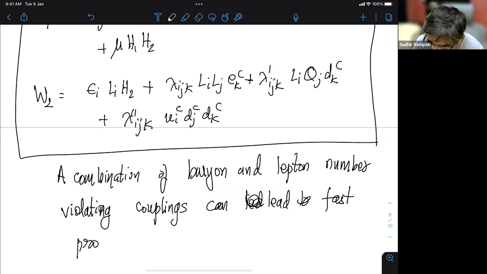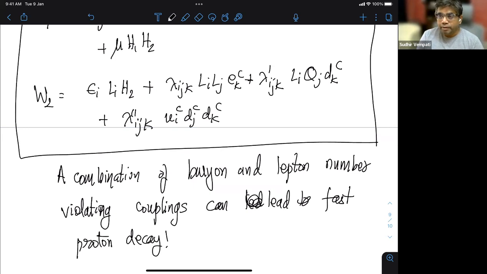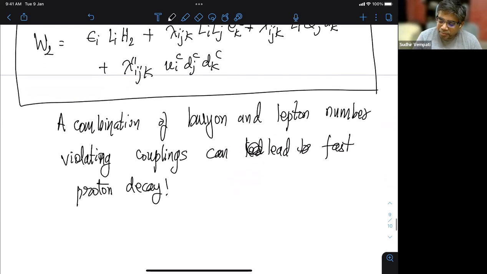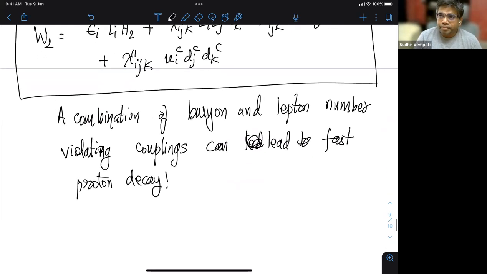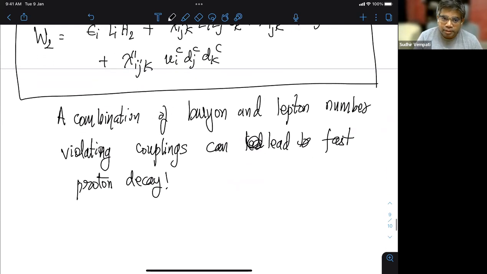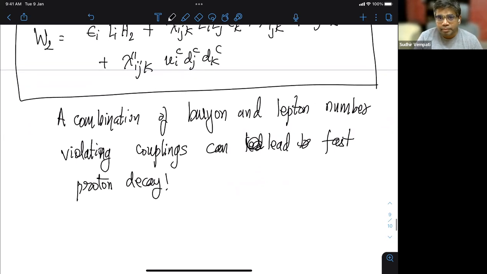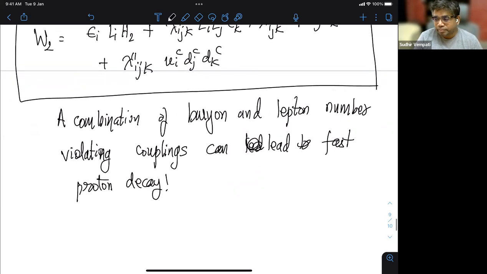What does fast proton decay mean? Here, fast is really fast. Typically, you know that protons are extremely stable. They are stable at the order of 10 to the power, does anybody know the number? 10 to the power 33 years, essentially. So protons are pretty stable.